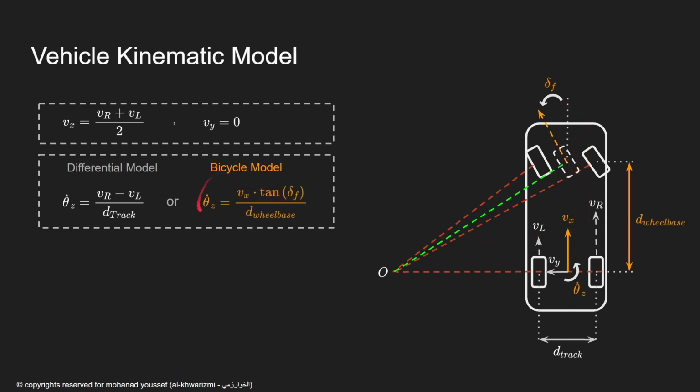Then the model is simply the velocity of the vehicle that we calculated in the first step, multiplied by the tan of the wheel angle divided by the wheelbase. So now we have the model to calculate the longitudinal velocity, the velocity on the x-axis of the vehicle, and the heading rate, either with the differential model or with the bicycle model.